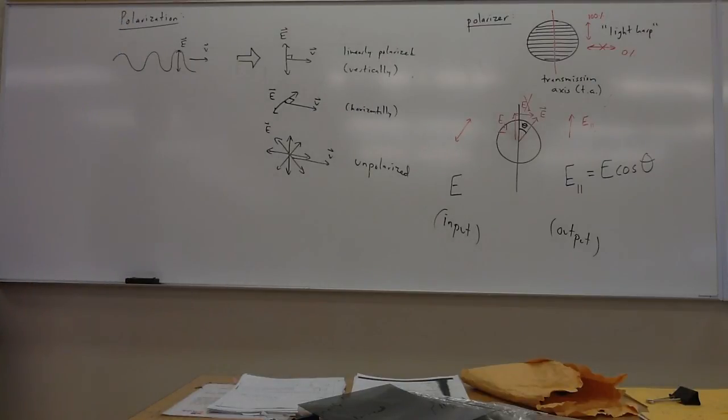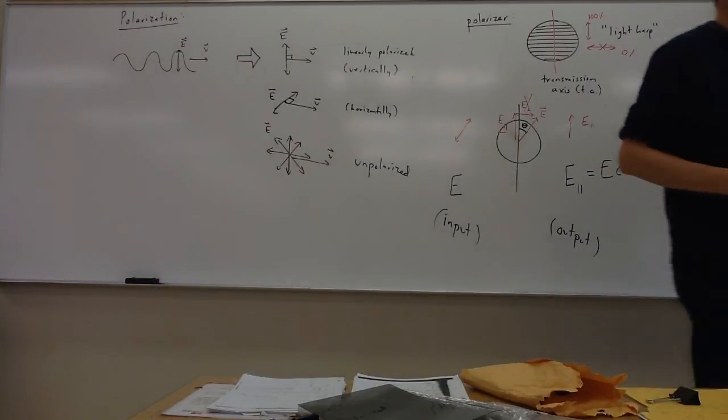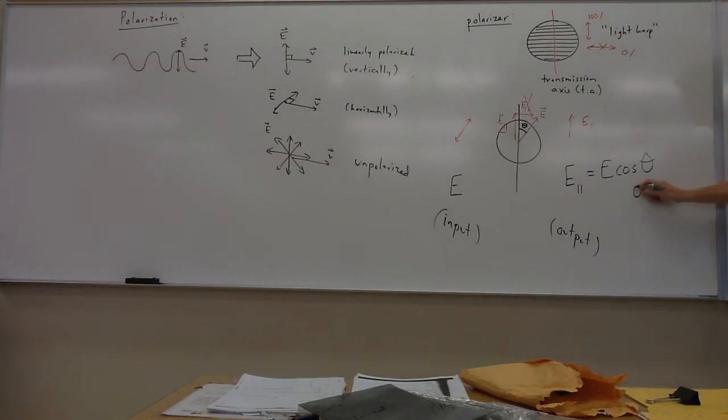It's reduced. How reduced it is relies on how big an angle you make with the transmission axis. You can try it out. If you don't make any angle with the transmission axis, then what comes out is just E, right? Cosine of theta is 1. So E gets through.